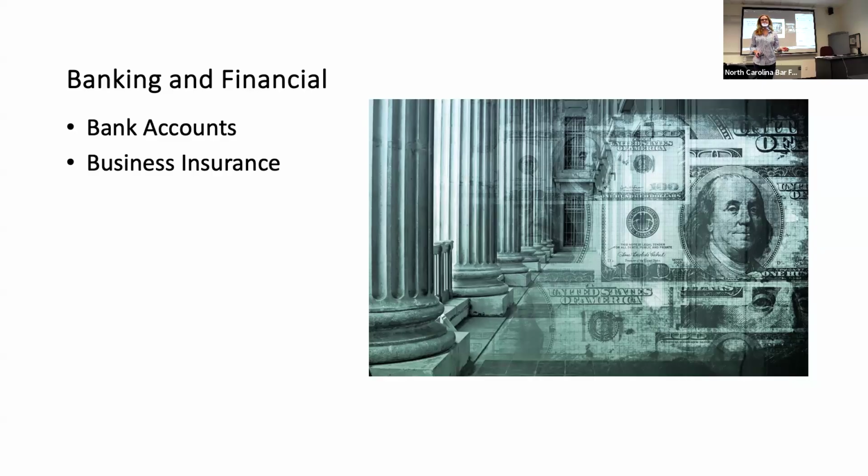Then on the flip side, you have business insurance, okay? You have everything from property insurance, if you have a physical location, to business interruption insurance. For instance, this part of the state last year suffered massive, catastrophic flooding with Hurricane Helene. Many businesses were underinsured for where they were, right?